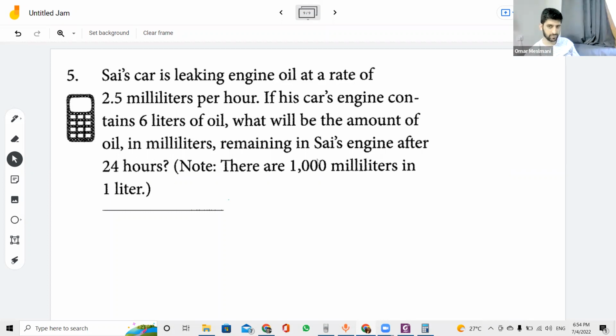Okay, after you do this, you subtract. This is the total before the leaking.